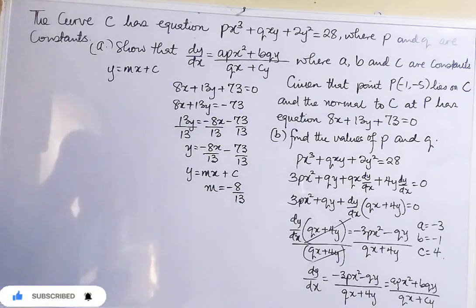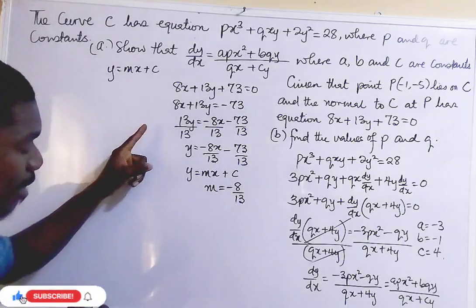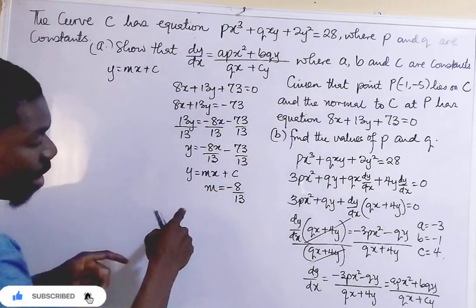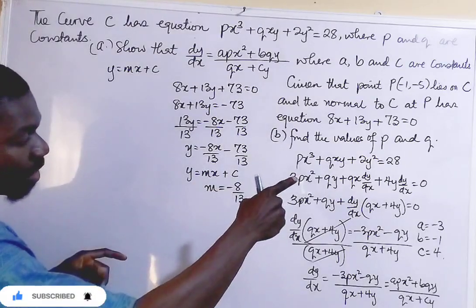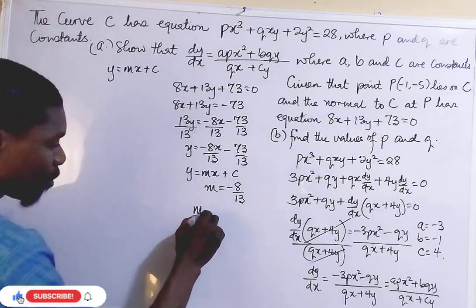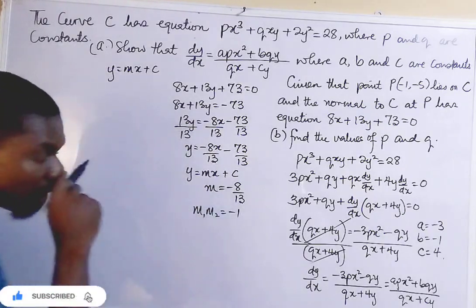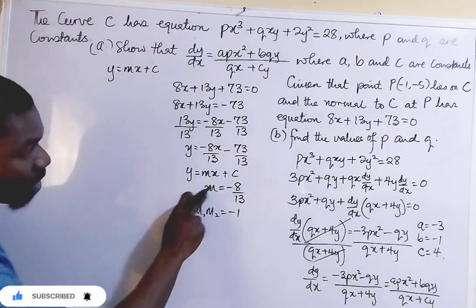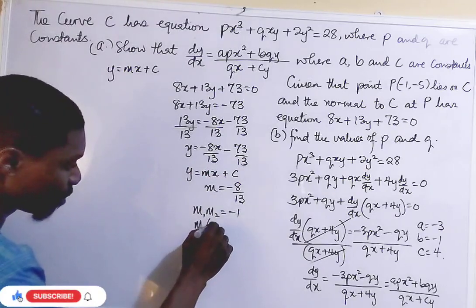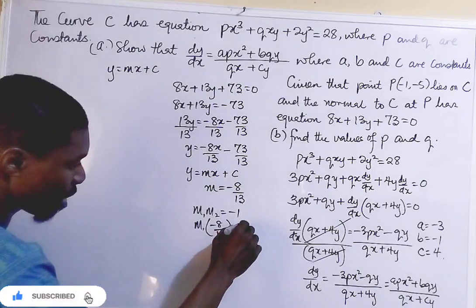That is good. Take note, by the diagram I previously drew, that the line is tangent to the curve, which means it was perpendicular. So we have to apply m1 m2 equals negative 1. Let us make m2 the gradient for the normal. So here we have m1 times negative 8 over 13 equals negative 1.